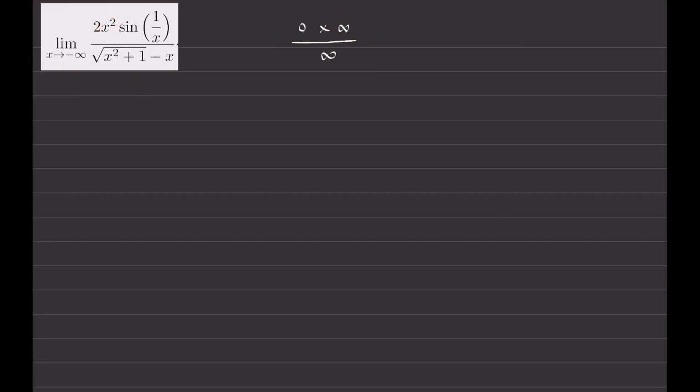So in principle, this is an infinity of higher order, because that infinity is of power 1, roughly speaking, and this infinity is of power 2. So usually if you have this situation, the numerator dominates.